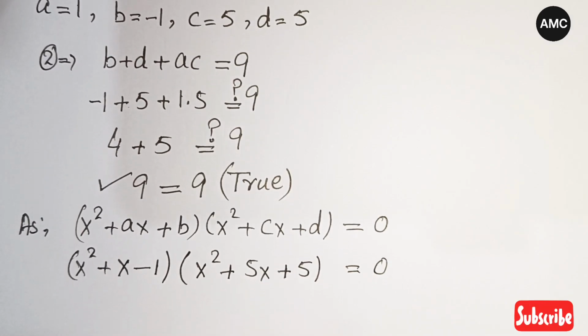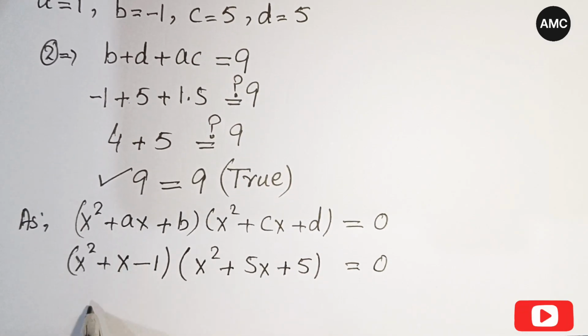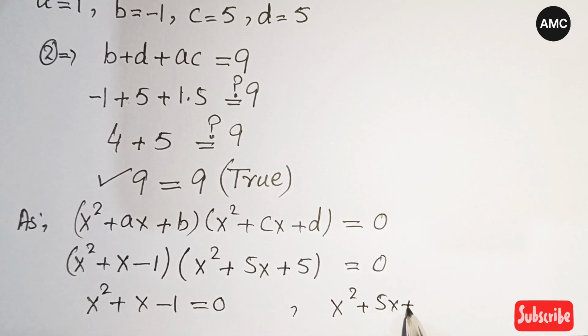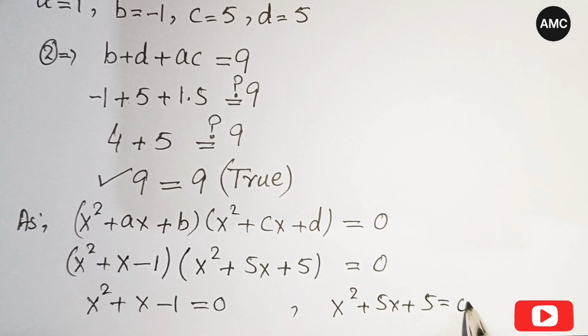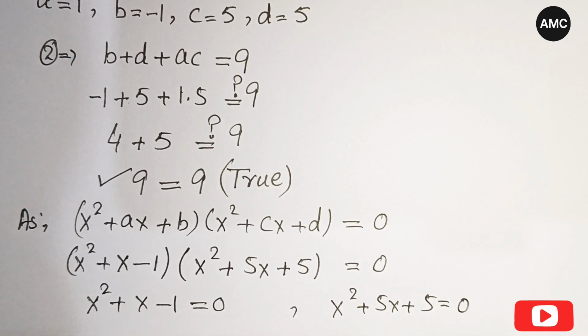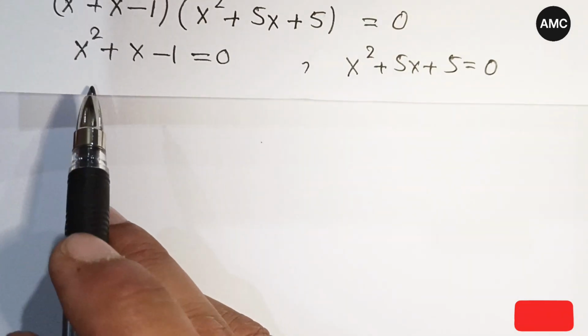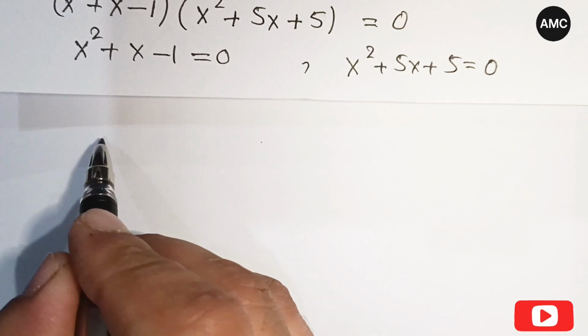Now here we have two possible cases: this quadratic equation, which is x squared plus x minus 1 equal to 0, and the second one is x squared plus 5x plus 5 equal to 0. Now solving these two quadratic equations for the value of x. From the first equation we can solve it by using the quadratic formula.